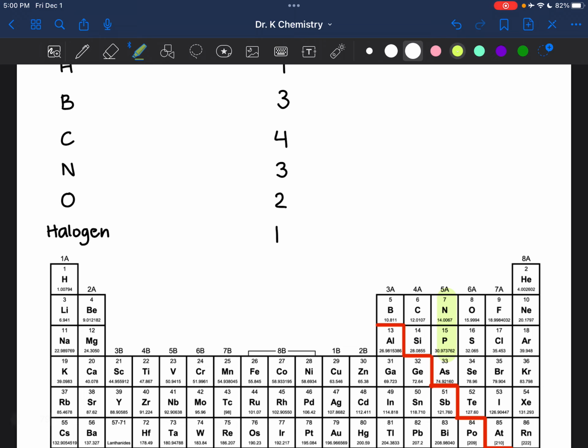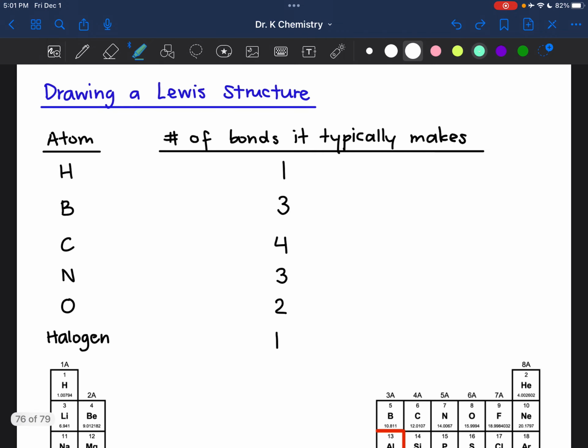Since phosphorus has 5 valence electrons, it also needs to make 3 bonds in order to complete its octet. Likewise, sulfur is going to behave a lot like oxygen. It has 6 valence electrons, so it needs to make 2 bonds to complete its octet. So if you see an atom come up that you are less familiar with, just look at what family it's in and compare it to an atom that you are more familiar with. And that's about it for drawing Lewis structures.